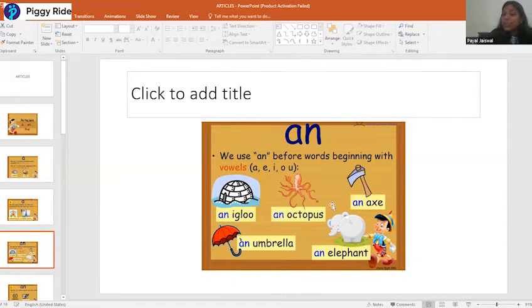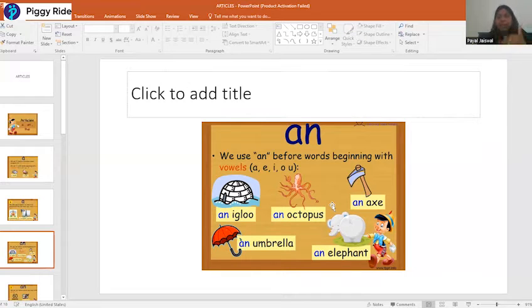And then let's go to the next example, which is an axe, right? So it's starting with the alphabet A, which is again a vowel. And then an umbrella, U-M-B-R-E-L-L-A, which is starting with the alphabet U, which is again a vowel.